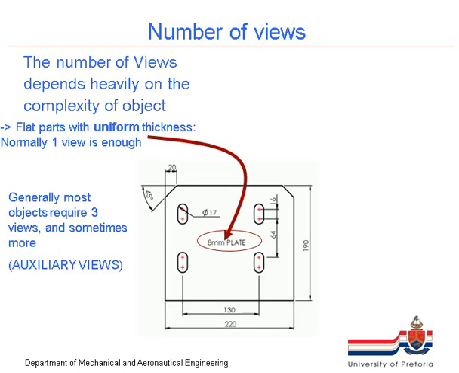Other components like a flat plate, or if you consider a paper cut in a certain shape, a component with uniform thickness, flat component, most of the time we can actually get away with only 1 view with a note that states the thickness in the 3rd direction.